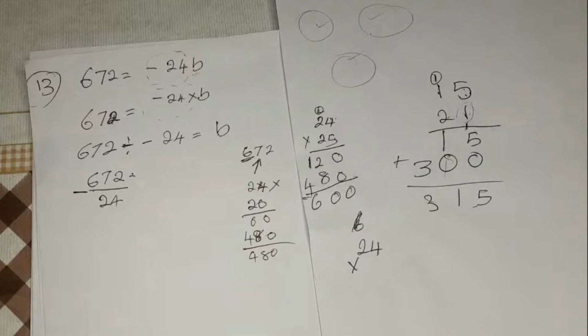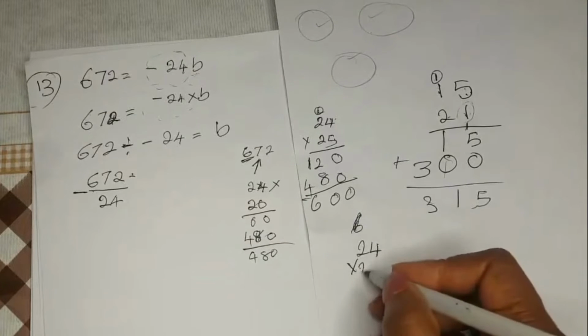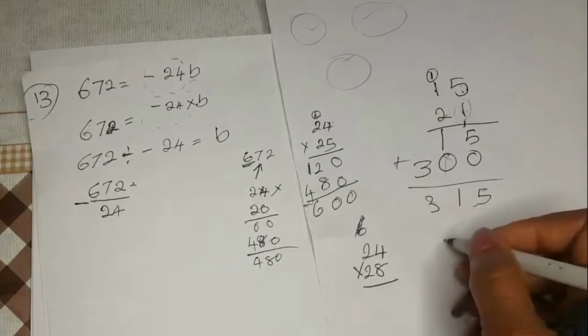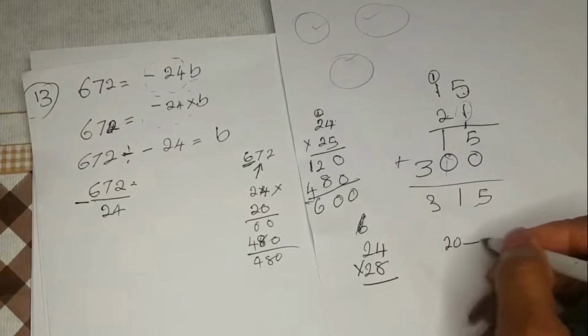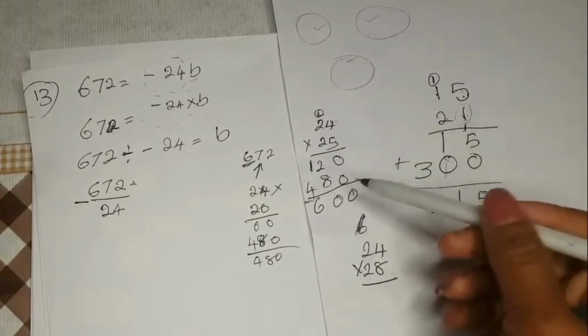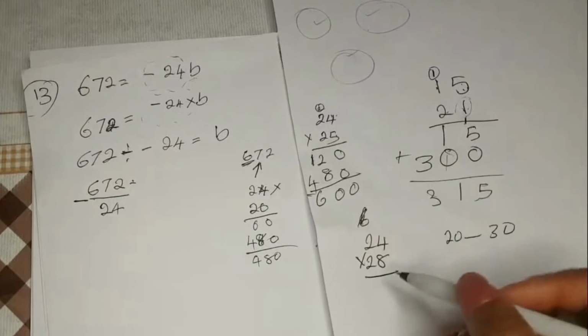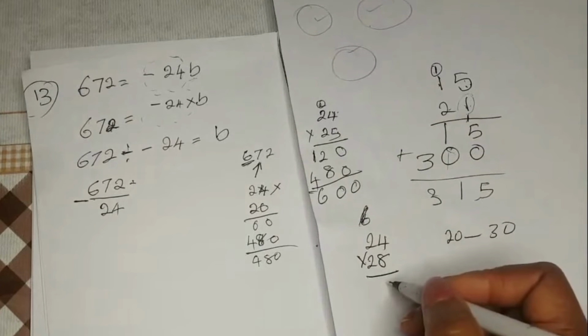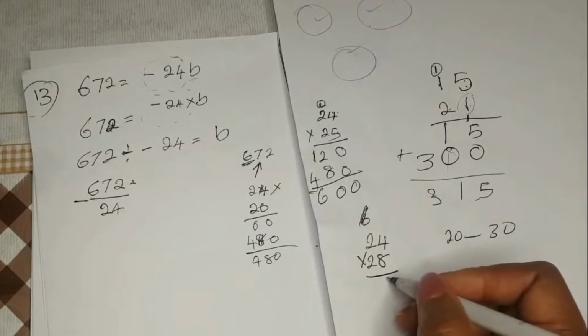So let's try 28. Remember, we are looking for numbers between 20 and 30 because of this 6 here, 672. So 8 times 4 is 32.